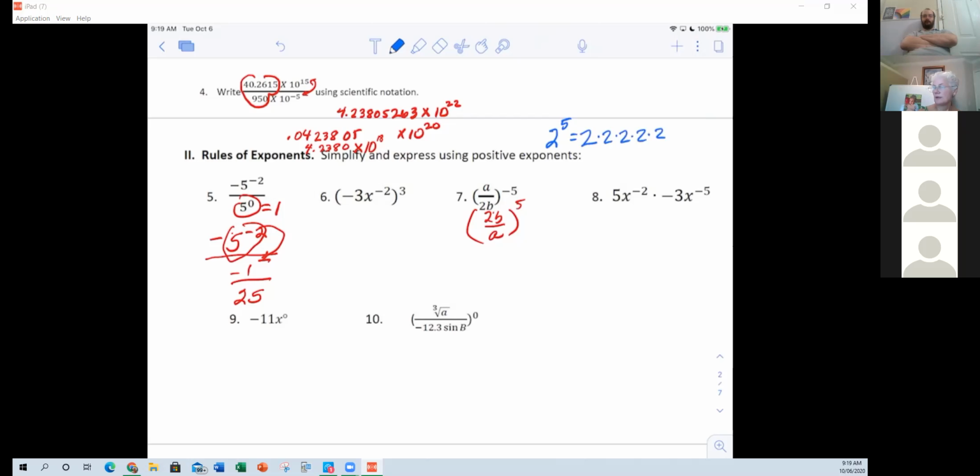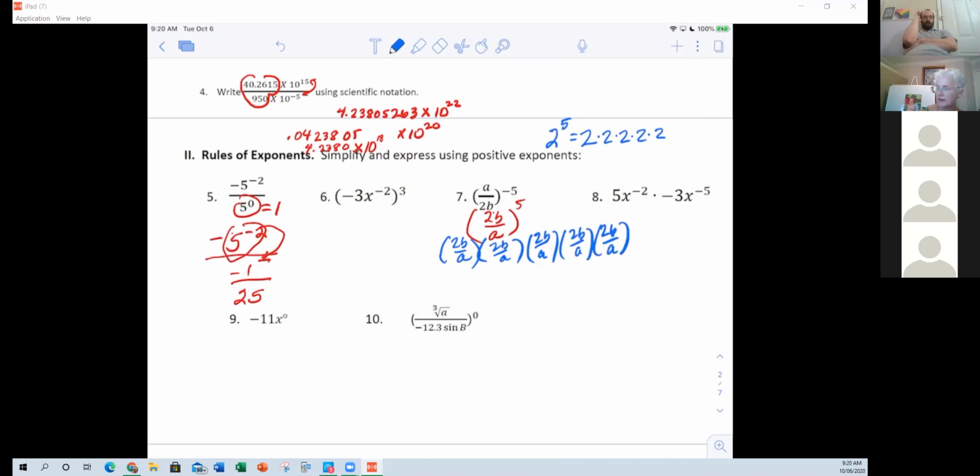So if you didn't know anything else to do with this, what could you do with the 2b over a, if you knew nothing else but what a 5th power does? Multiply 5 times. Exactly. So even if you forgot what to do, if you know what the power of 5 means, you know that this is what it means, right?